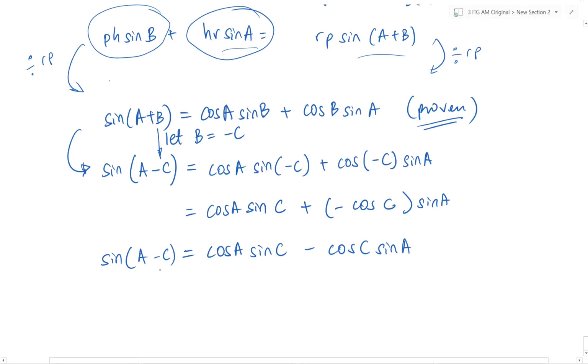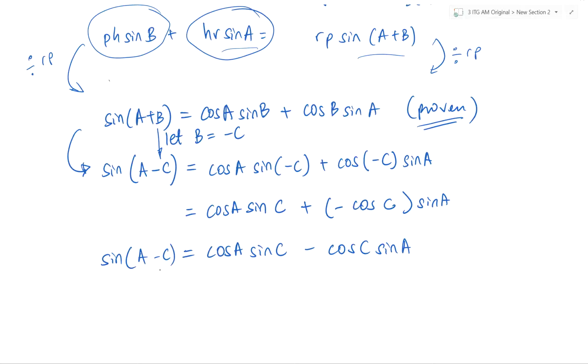But we start out with A and B. Then you look at page 280, the top, the 6 formulas over there. It is all sine A plus B, sine A minus B, cosine A plus B, cosine A minus B, tangent A plus B, tangent A minus B. Are you sure you want to introduce a C over here?